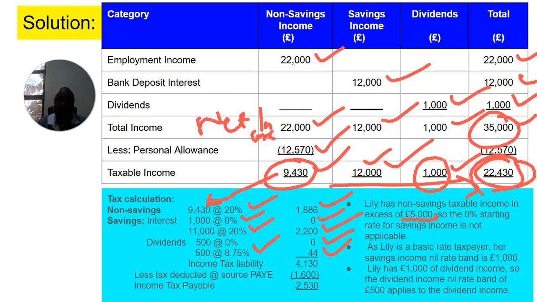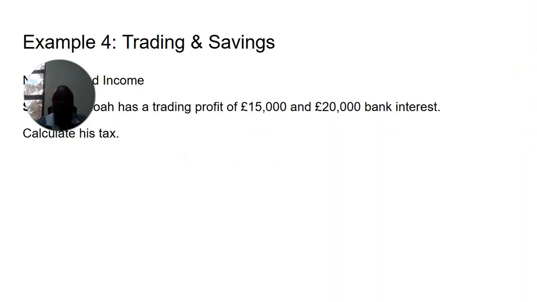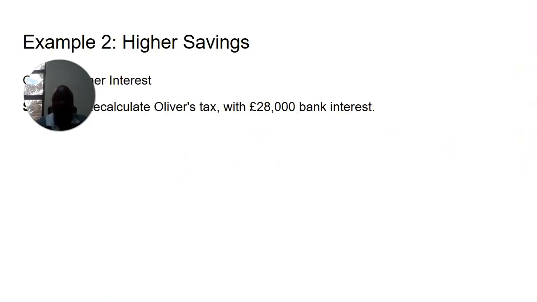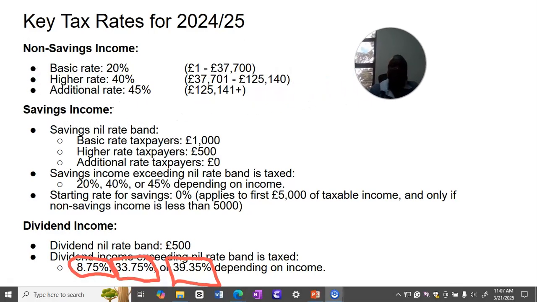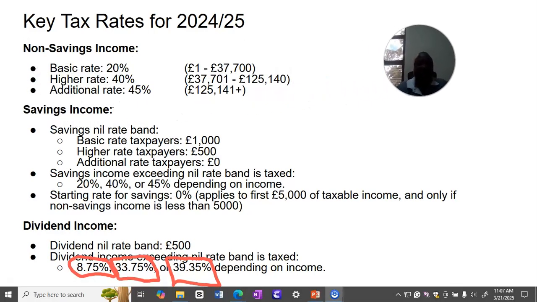Remember, there were 3 rates. Let me take you to that place. Here, I indicated that this one is for the basic rate, followed by the higher rate, and then the additional rate. Please take note of this.